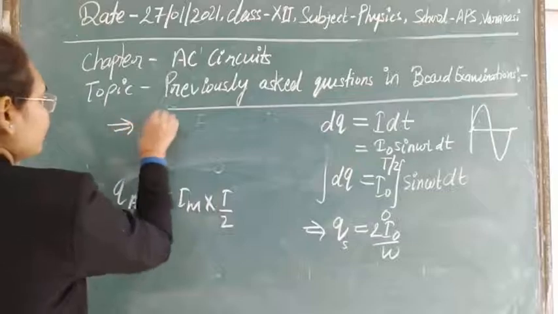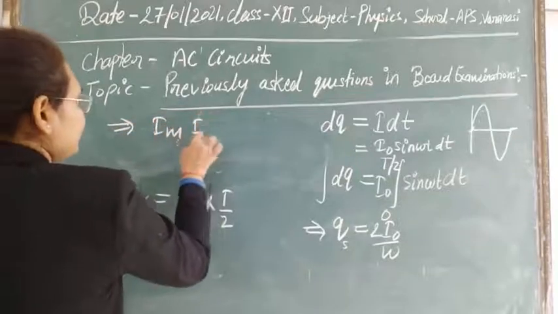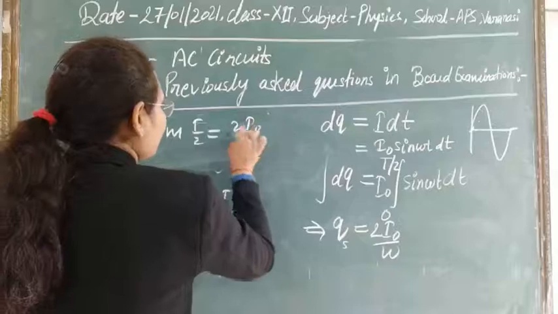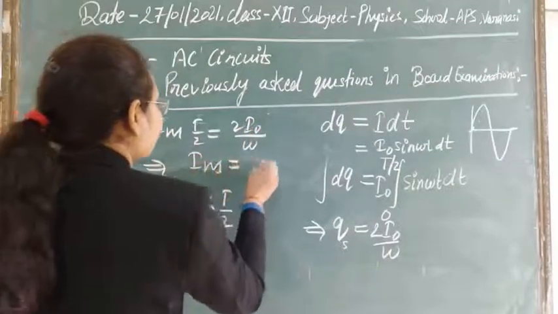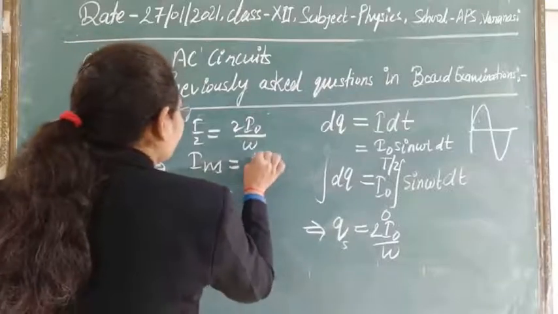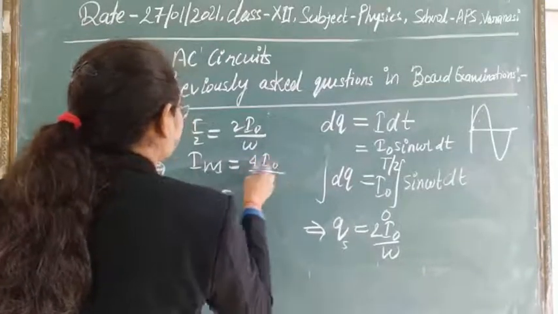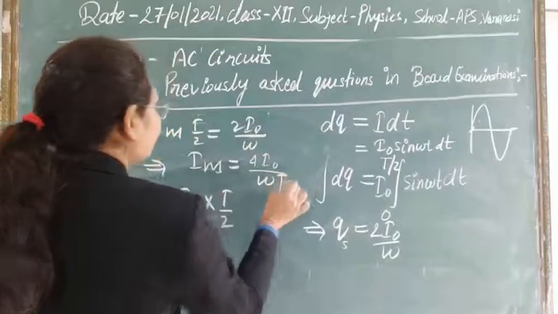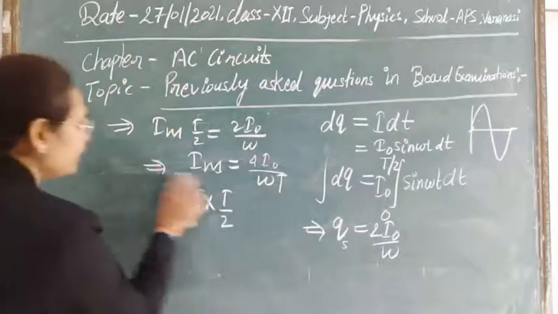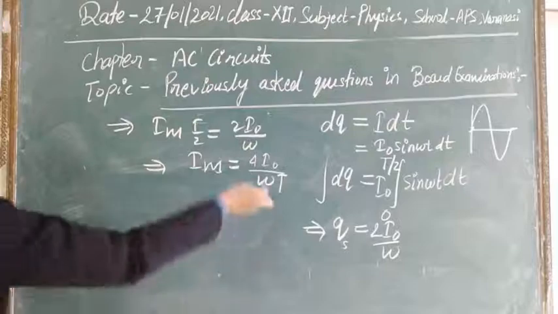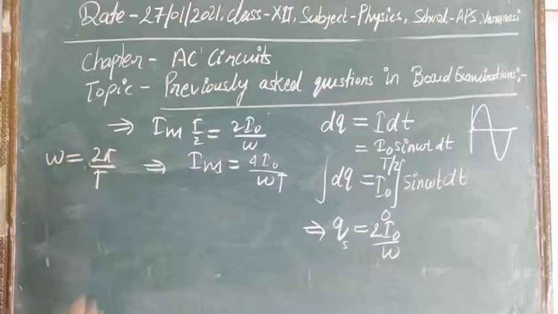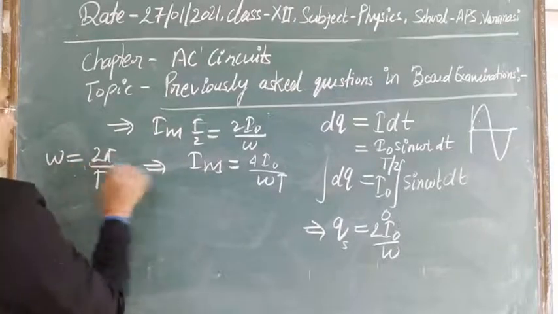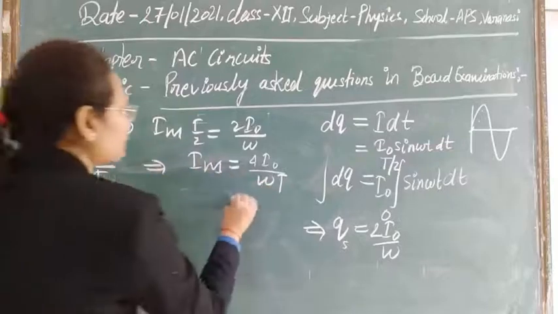So we can write Im T by 2 is equal to 2I0 by omega. So Im will be equal to 4I0 by omega T. You also know the relation between omega and T, that omega is equal to 2 pi by T. So omega T is equal to 2 pi.